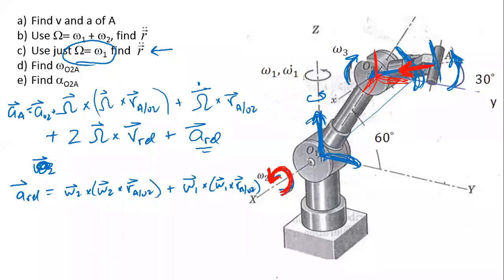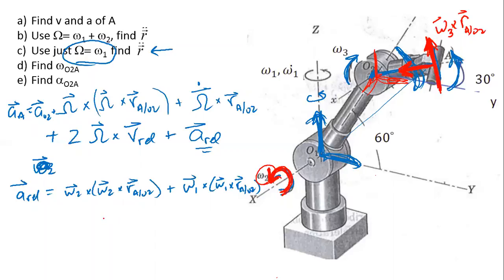The reason is because you've got this type of velocity that we had talked about before. So this is our omega 3 R type of velocity, omega 3 cross R A with respect to O2. That one's going up like this, and the omega 2 here is making that one change its direction.